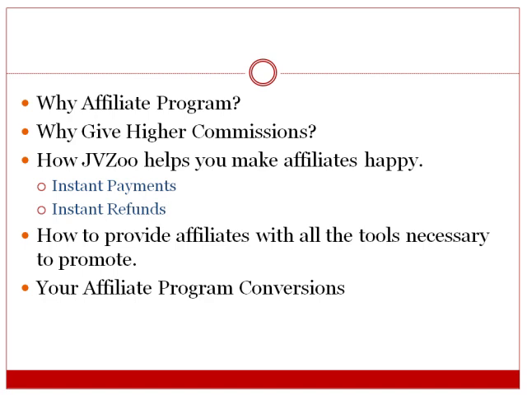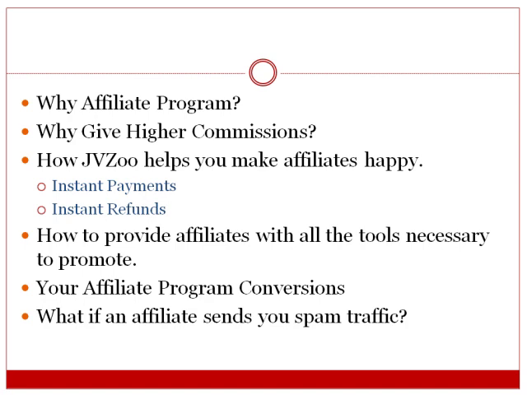If that affiliate is sending trash traffic, it's going to ruin your conversions, and then the future affiliates that come along and look at your product don't want to promote your product because you have a lousy conversion. So that's one way to go about keeping your affiliate conversions high.